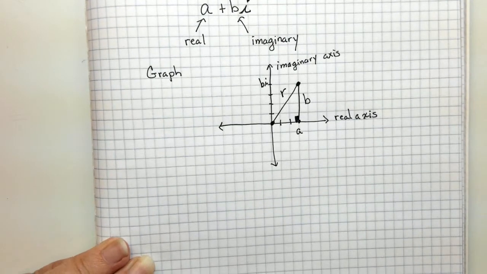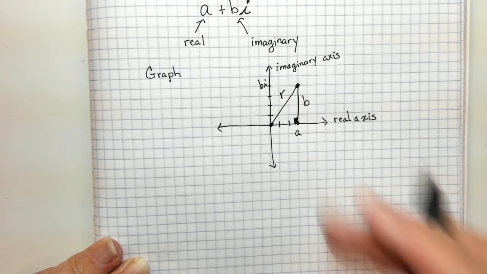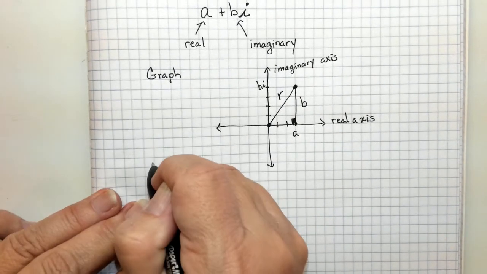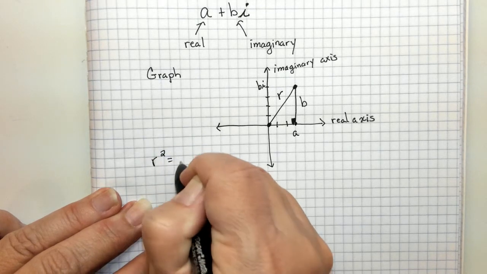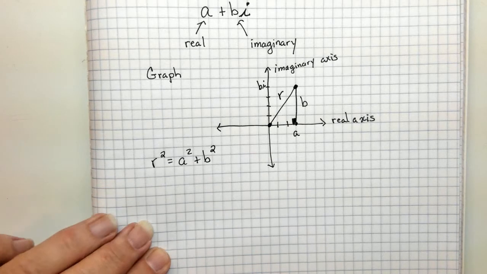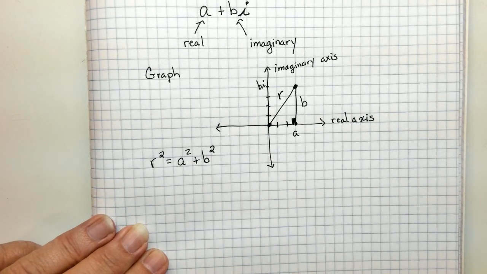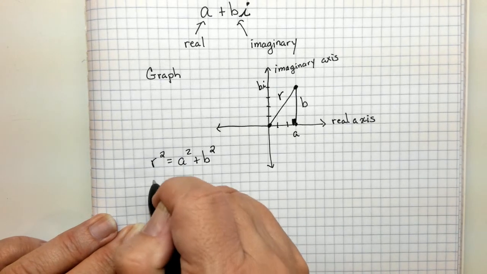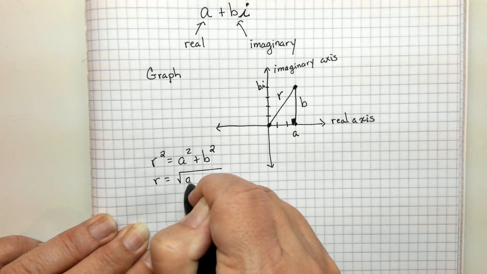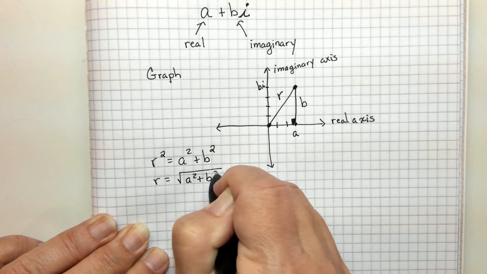Well, let's look at what r is. We know the relationship according to the Pythagorean theorem, right? We know that r squared is equal to a squared plus b squared. And so we can solve for r. And so we know r is going to be the square root of a squared plus b squared.